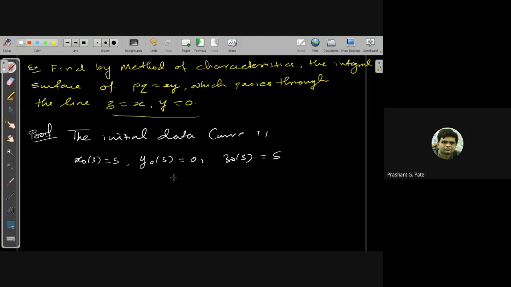Now we have to check two equations. This initial data curve should satisfy two equations.